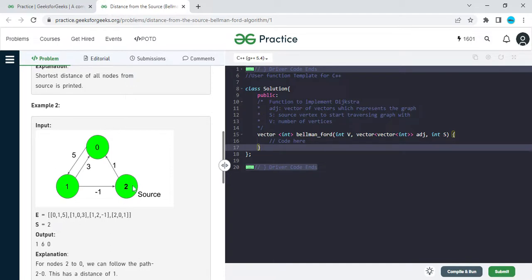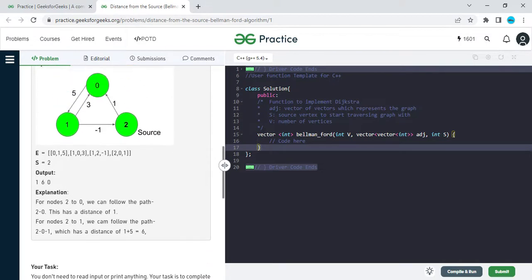So from 2 to 2 itself the distance is 0, so here it is 0. From 2 to 0 the distance is 1, as you can see here. And from 2 to 1 the distance is, we will cover this path 1, and from 0 to 1 it is 5. So 5 plus 1 is equal to 6.